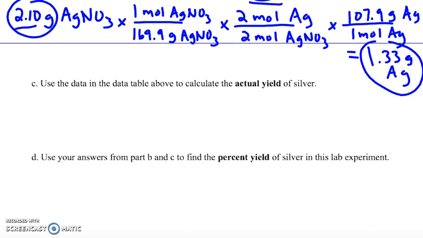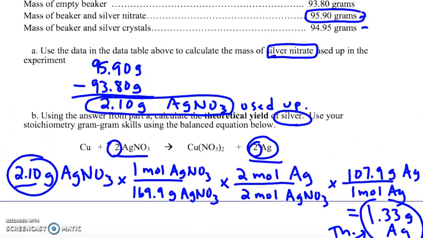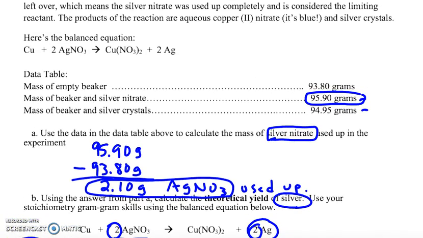Okay. So now we're going to use the data in the data table to calculate the actual yield of silver, right? So this right here is our theoretical yield. The actual yield comes from the data table. So going up to the data table, we should recognize that it is the 94.95 grams.